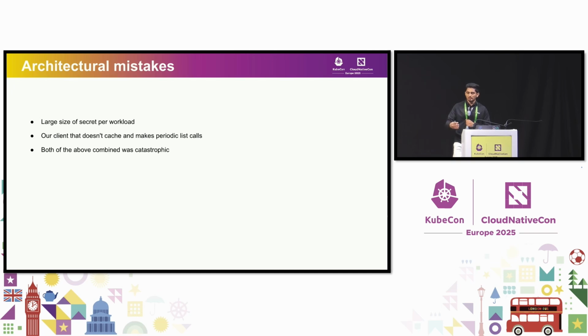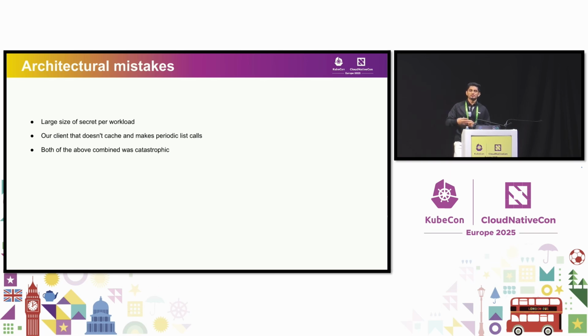Then the second mistake was that the client which orchestrates this GPU capacity workload across the cluster works with both legacy as well as the cloud native environment. And because of that, it had to make periodic list calls against our workloads. And we know that list calls against API servers are, again, a scalability issue.